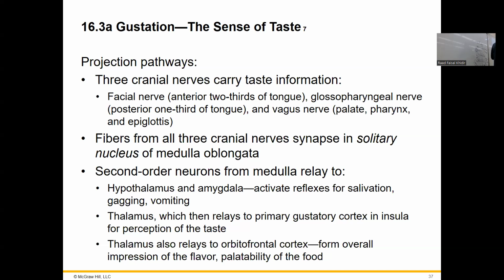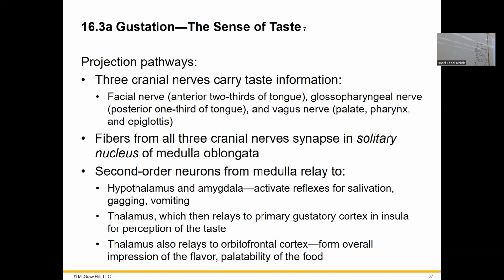And remember, those are cranial nerves. So we're not involving the spinal cord. We're directly going to the brain. So you see, the facial nerve is going to take two-thirds of the stimulation from the tongue to the brain. Glossopharyngeal nerve, that's the afferent nerve. Those are afferent nerves.